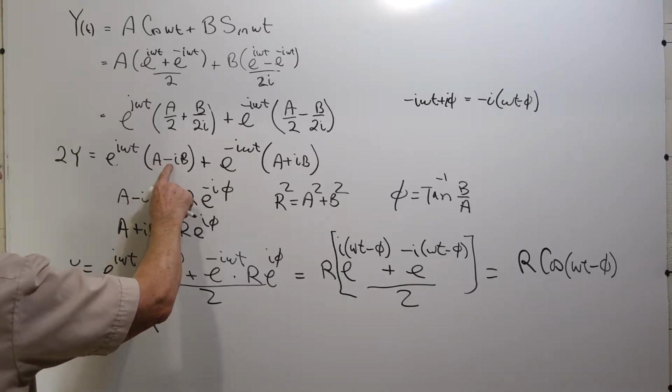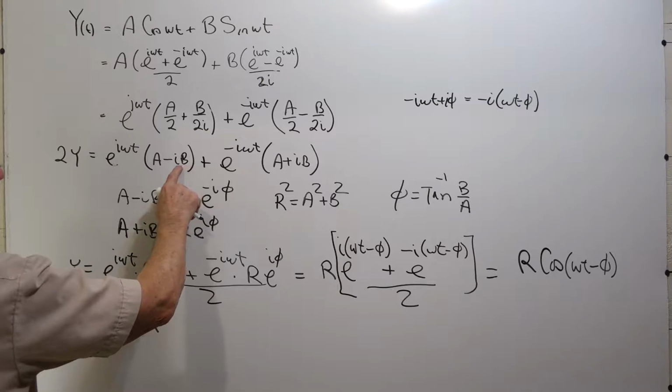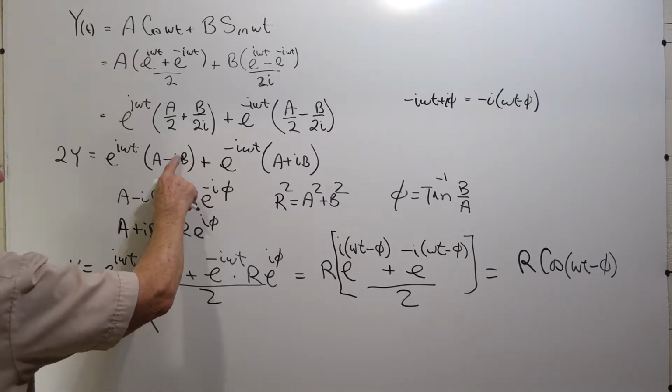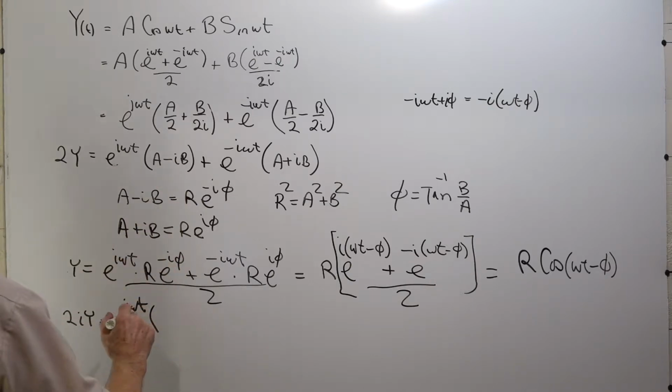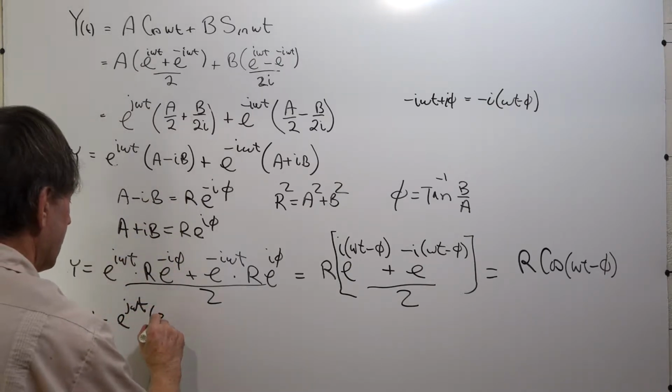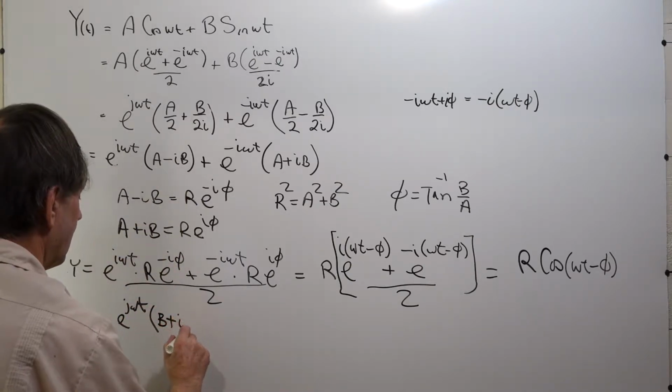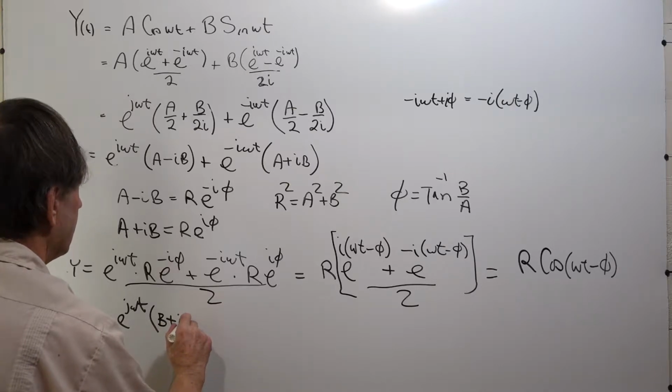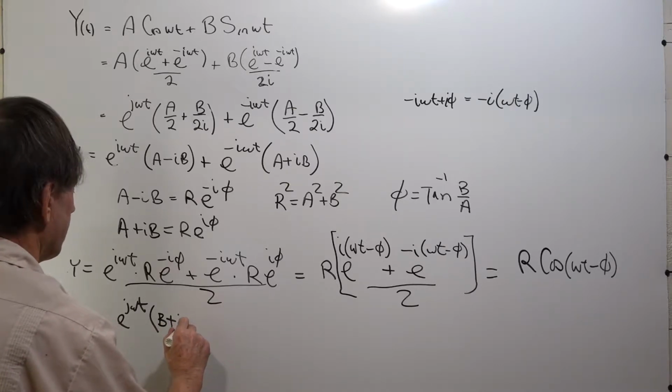iA minus iB times i, and minus i squared is just plus 1. So this becomes B plus iA.